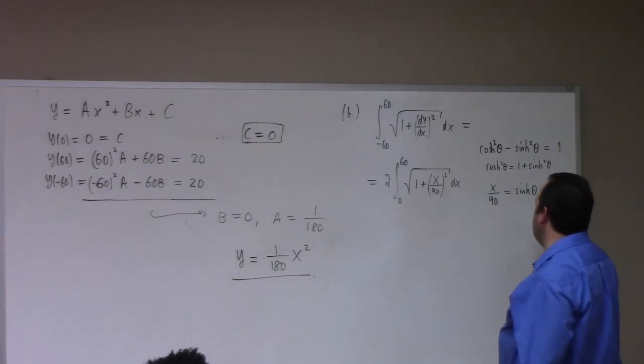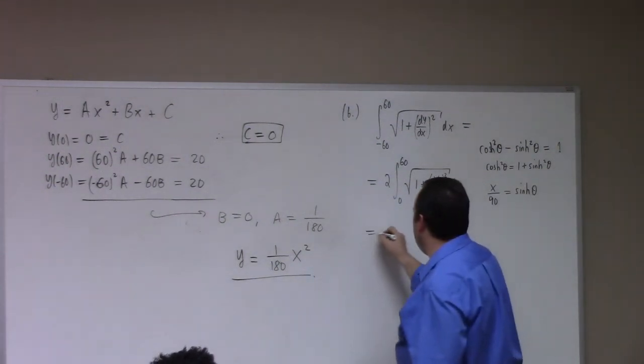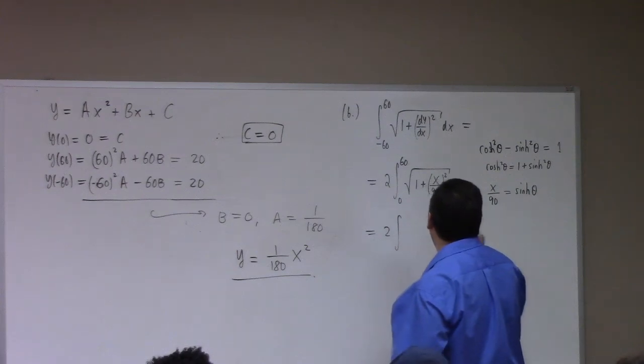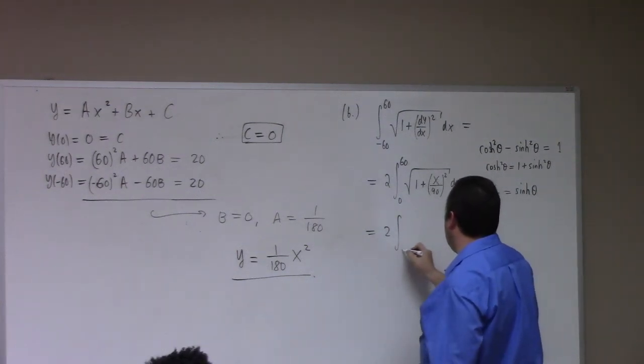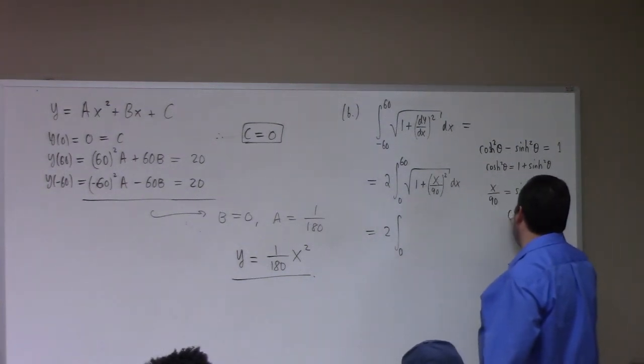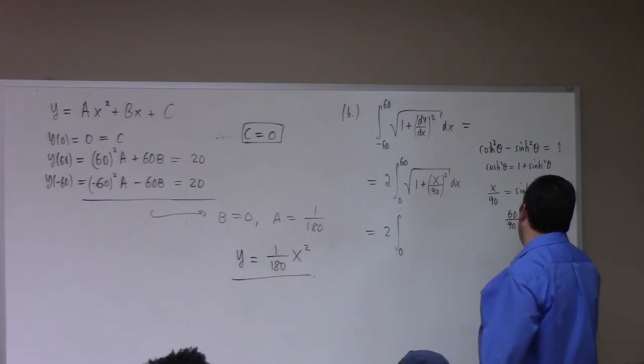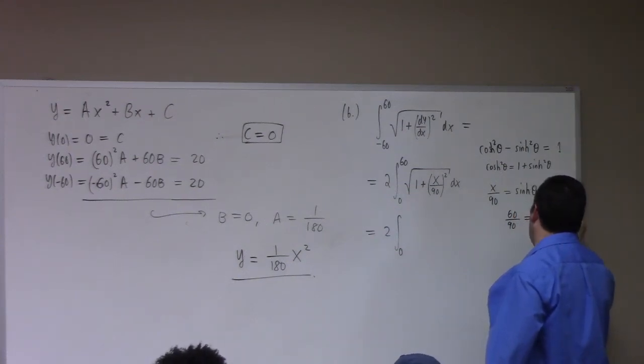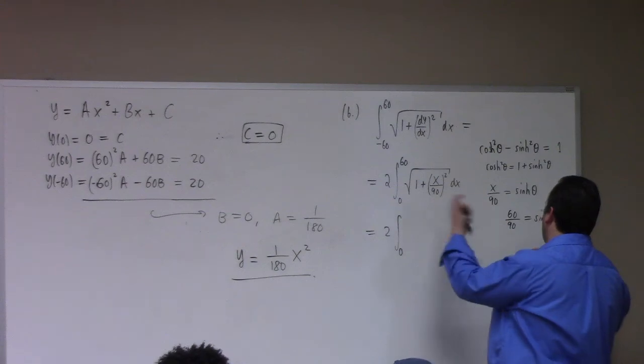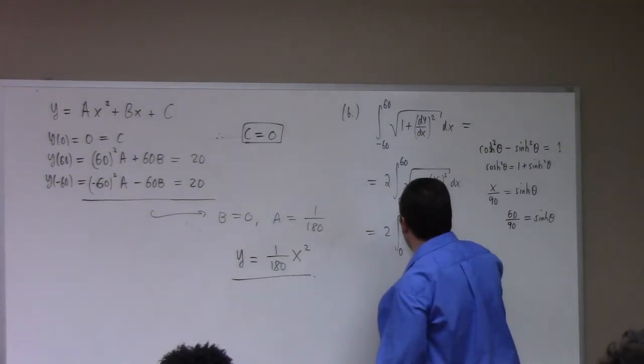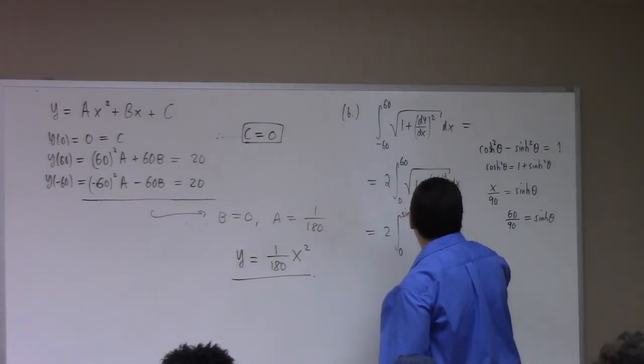So then this is 2 times the integral. Now, 0 maps to 0, but if we put 60 over 90 equal to sinh theta, that suggests an upper theta bound of inverse sinh of 2/3.